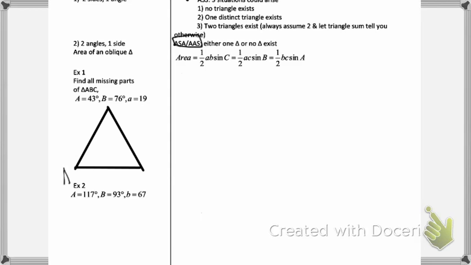Angle A, angle B, then angle C. This is our given information right here. It's given that angle A is 43 degrees, angle B is 76 degrees, and side A, which is across from angle A, will be 19.